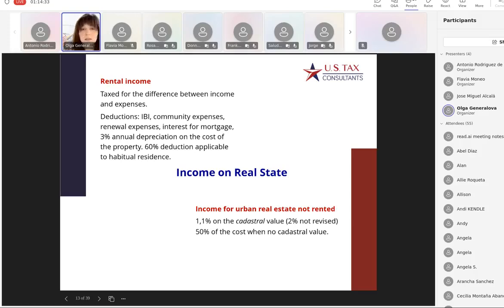And the last thing that I would like to mention on this slide: income earned through an LLC that is not treated as a C Corp is attributed directly to its ownership in Spain.